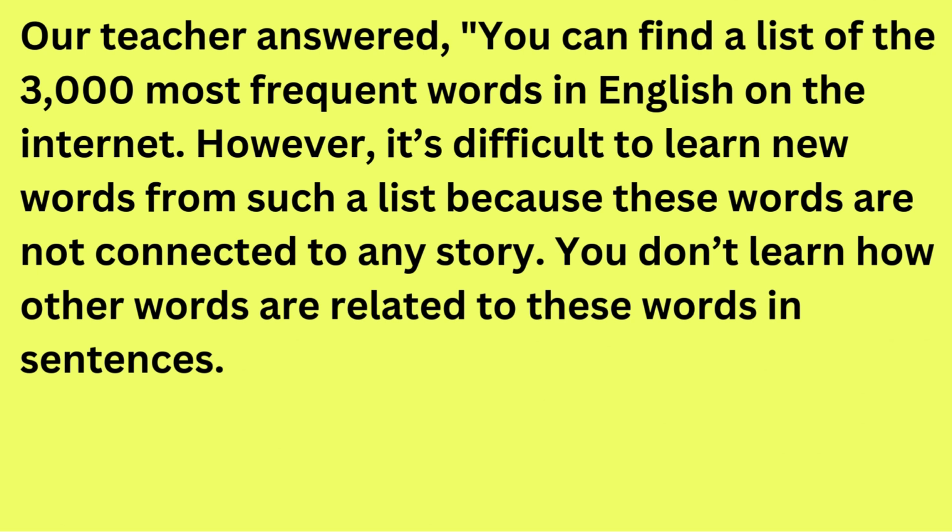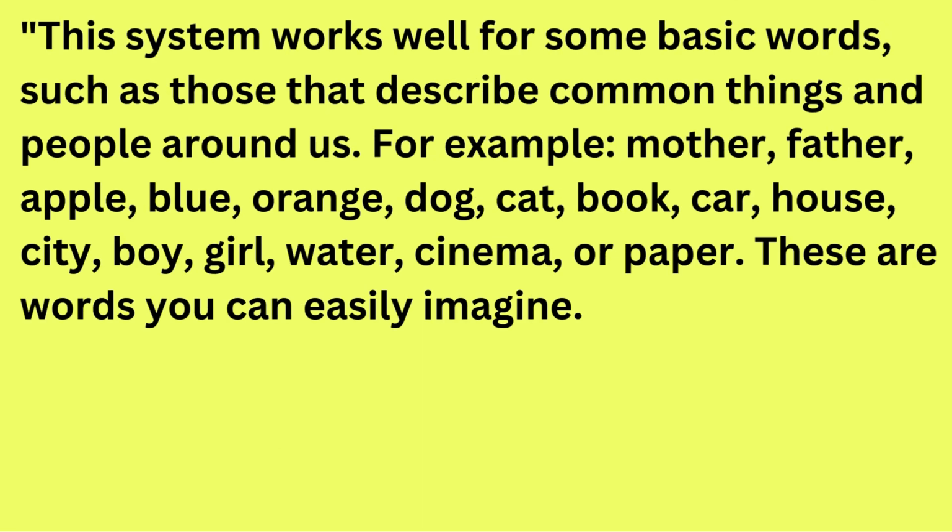However, it's difficult to learn new words from such a list because these words are not connected to any story. You don't learn how other words are related to these words in sentences. This system works well for some basic words, such as those that describe common things and people around us.